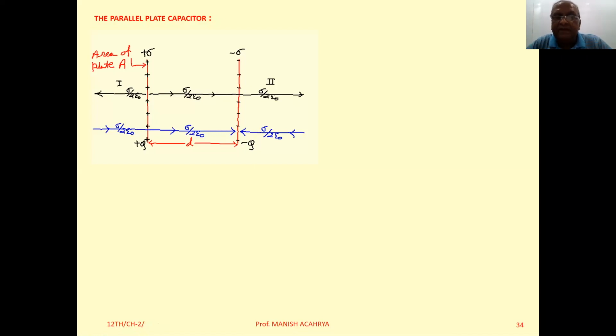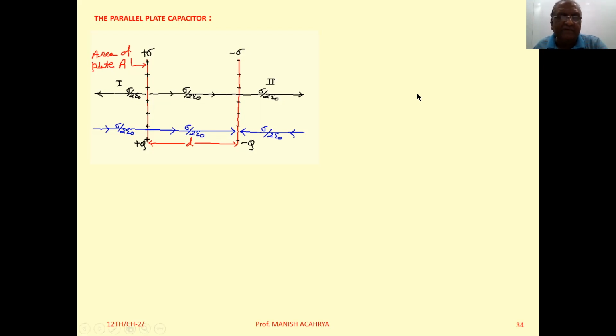For a positively charged plate, the electric field is in the outward direction from the plate, with magnitude sigma upon 2 epsilon 0, and for a negatively charged plate, the electric field is towards the plate with the same magnitude, sigma upon 2 epsilon 0.